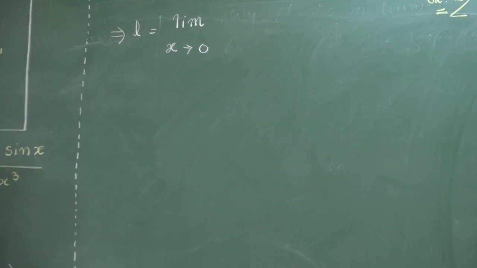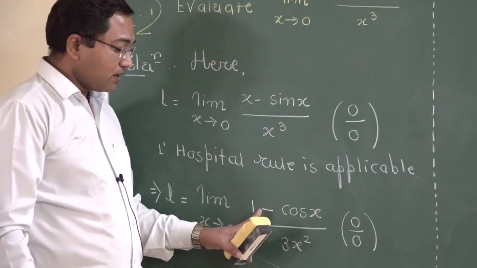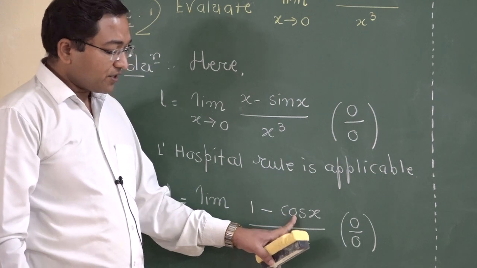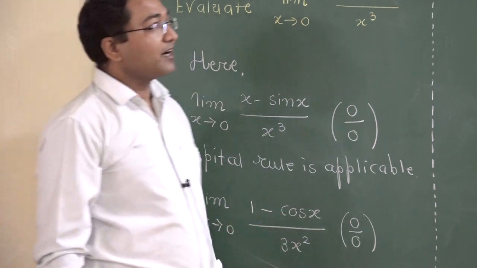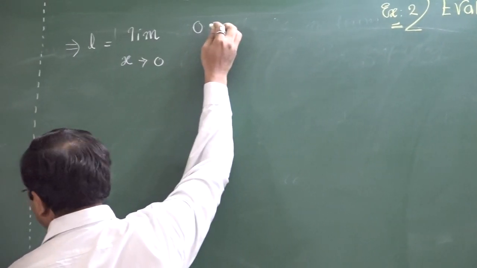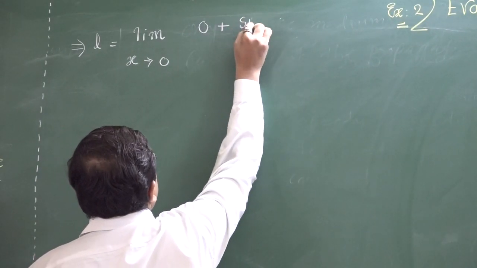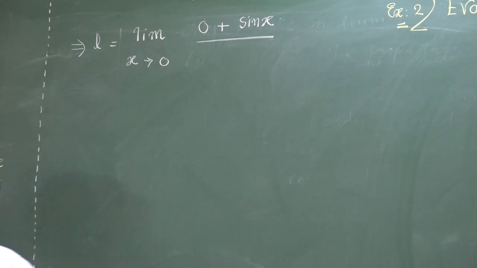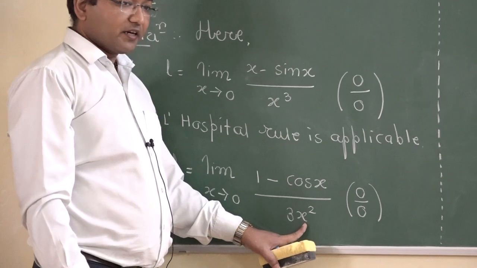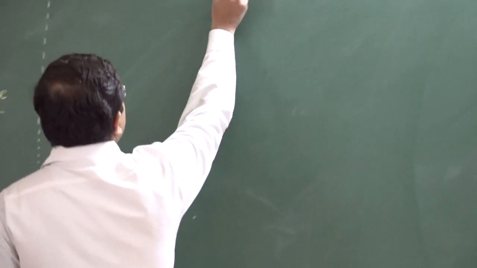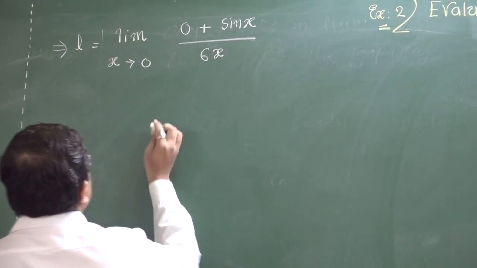So it follows that L equal to limit x tends to 0. The differentiation of 1 is 0, the differentiation of a constant is 0, minus the differentiation of cos x, which is minus sin x. So that is 0, and minus minus becomes plus sin x, upon the differentiation of x square, which is 2x, and 2x into 3 equals 6x.